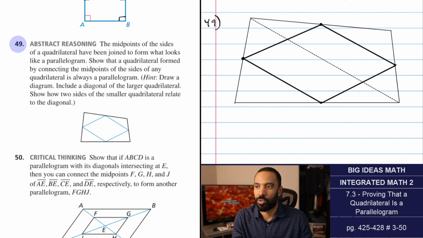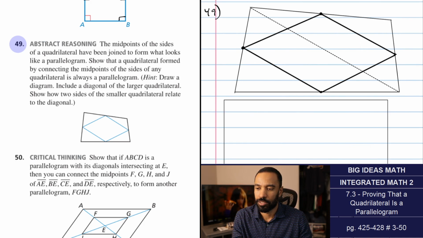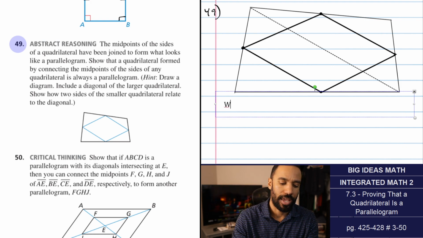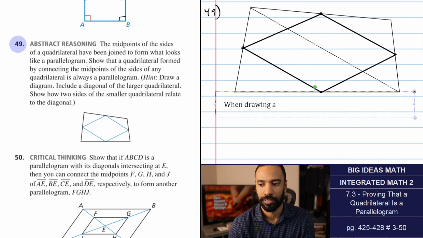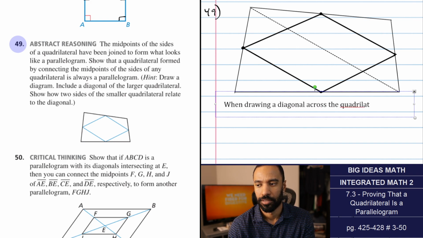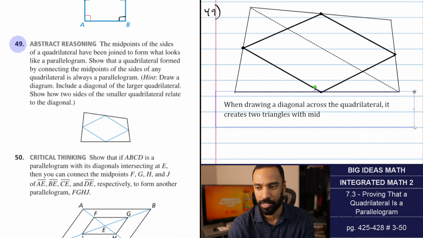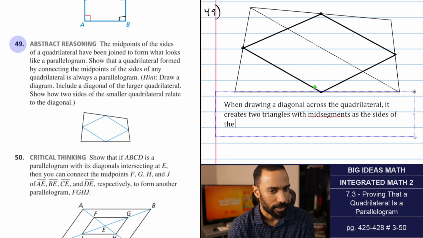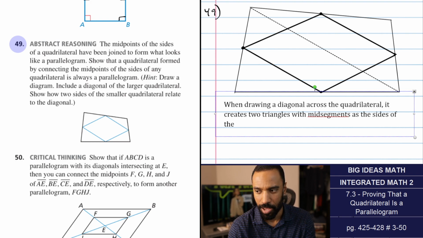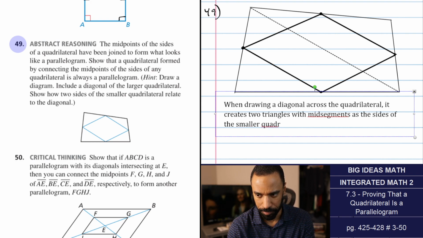Okay, so I'm just going to kind of explain it. When drawing a diagonal across the quadrilateral, it creates two triangles with mid-segments as the sides of the smaller quadrilateral, which looks like a parallelogram.